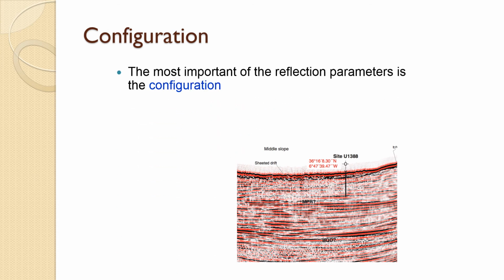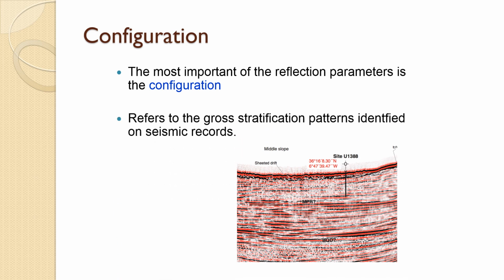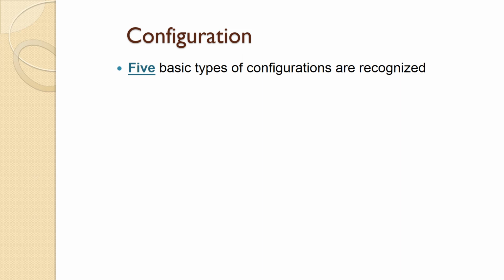So in the configuration, the most important of the reflection parameters is configuration. Okay. And there are 5 basic types of configuration we can talk about now. This is the first character.